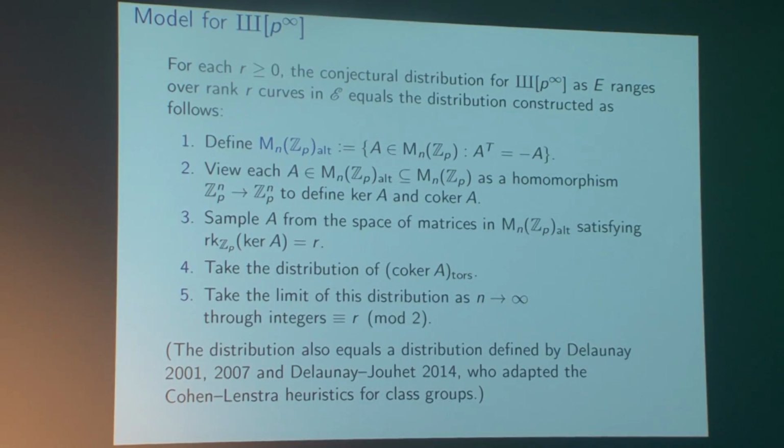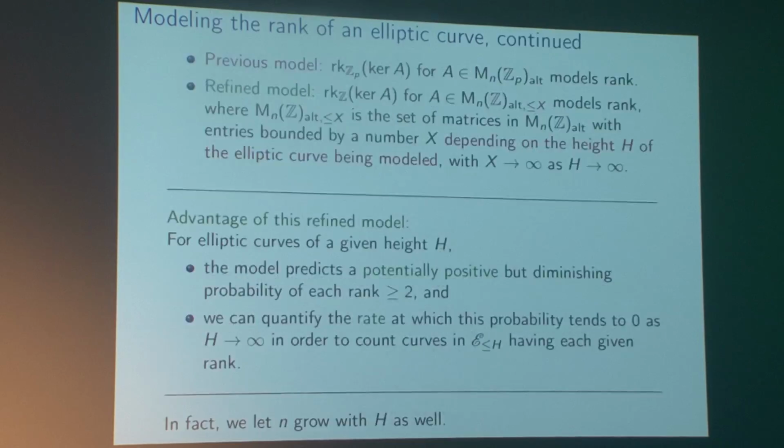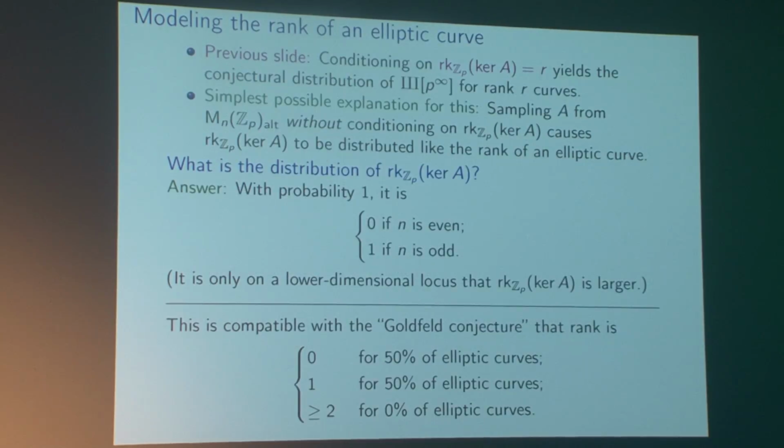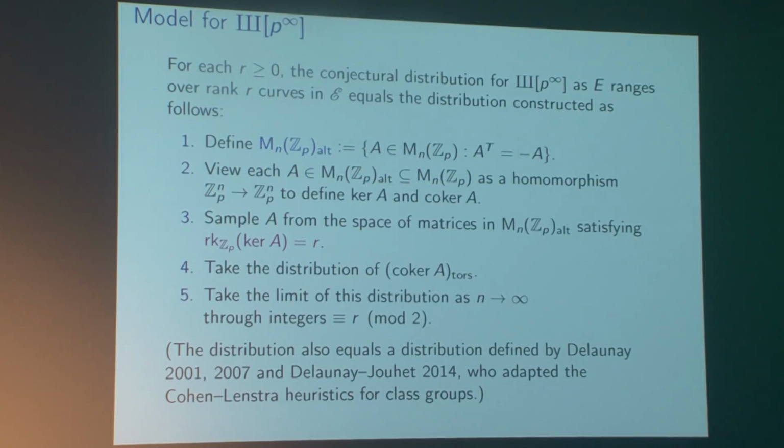The first was Delaunay in 2001, and later his co-author. And so they had a heuristic analogous to the Cohen-Lenstra heuristics for class groups, where they predict the exact probability of each group appearing as this group.